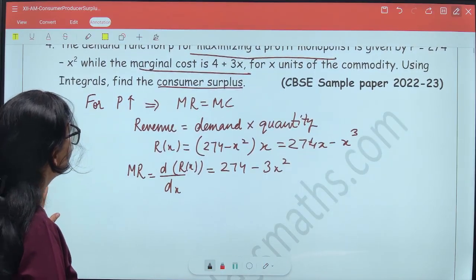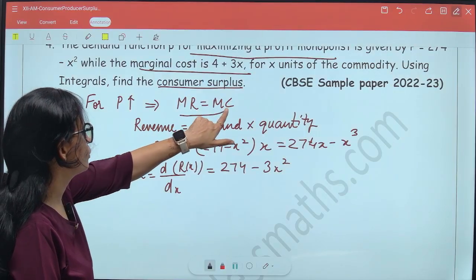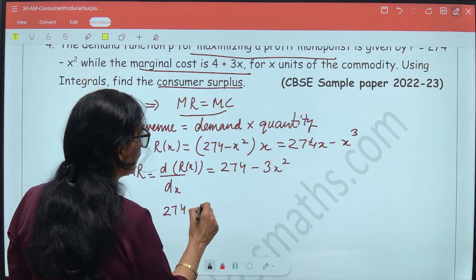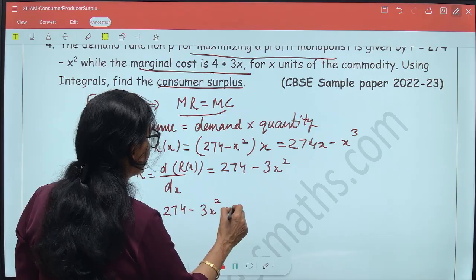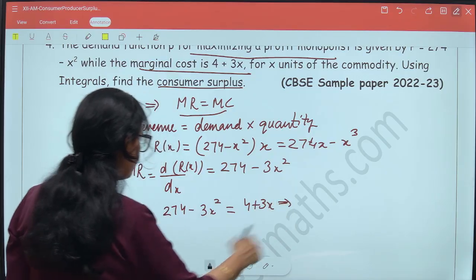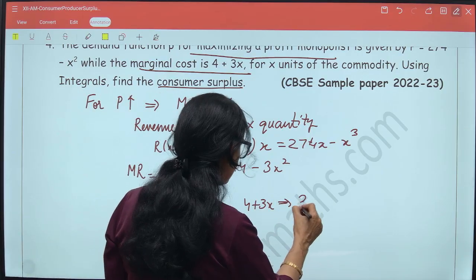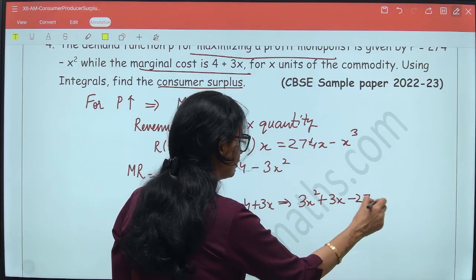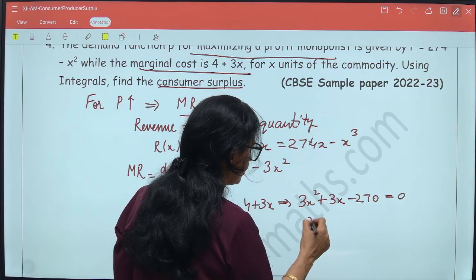Now for maximum profit, the marginal revenue is equal to marginal cost. So let's equate both of them. So that means 274 minus 3x square is equal to 4 plus 3x. So let's bring everything to the right side and then solve this. This becomes 3x square plus 3x minus 270 equals 0. Divide the entire equation by 3.